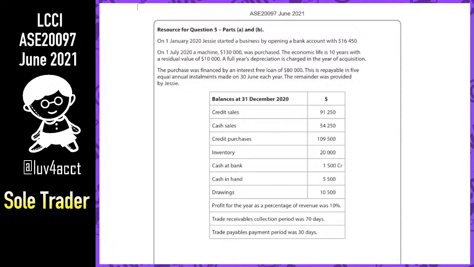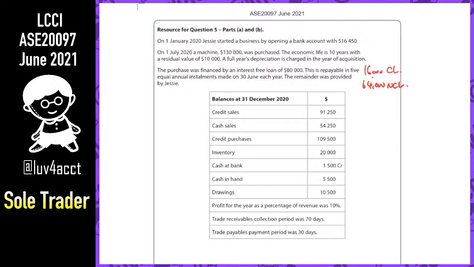The purchase was financed by an interest-free loan of 80,000, repayable in 5 equal installments made on the 30th of June each year. This is the third time we see a loan repaid in installments, so we have to know this point. 80,000 in 5 equal installments: 80 divided by 5, that is 16,000 as a current liability, and then 64,000 as a non-current liability in your statement of financial position.